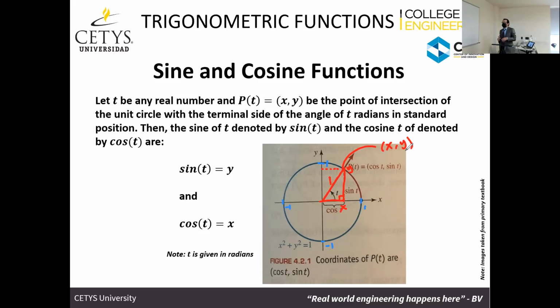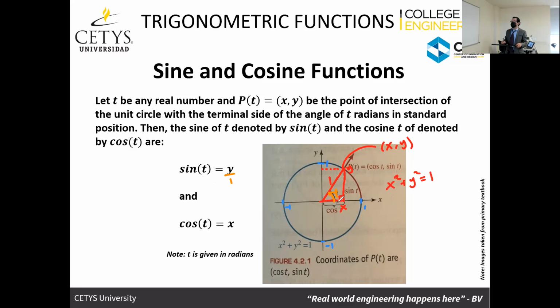Then the sine and cosine relationships are expressed in the following way. First of all, in this triangle, using Pythagoras, x squared plus y squared is equal to 1. If we look at the angle here and call that angle t for now, the sine of the angle is the opposite side divided by the hypotenuse, which is y divided by 1.